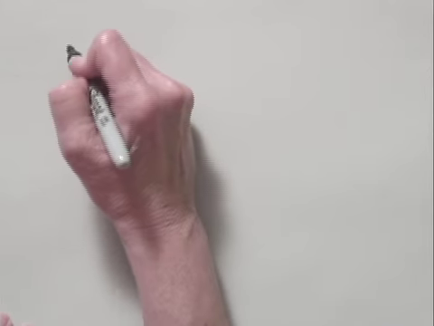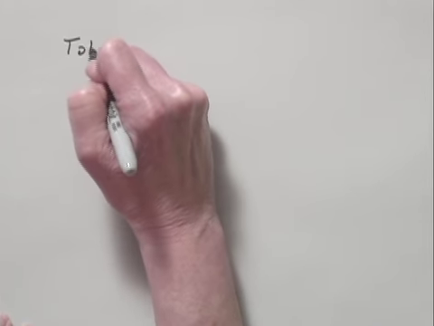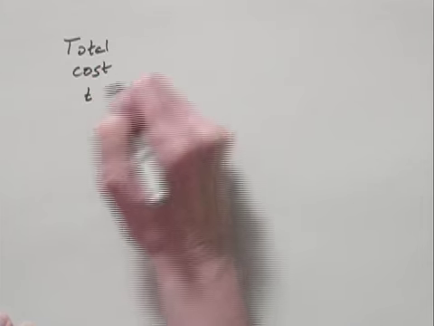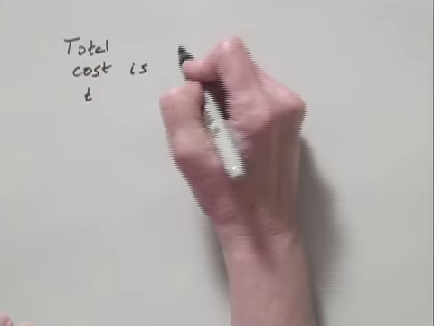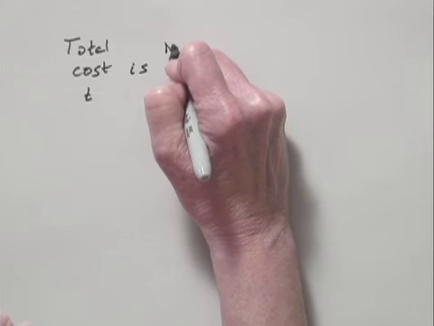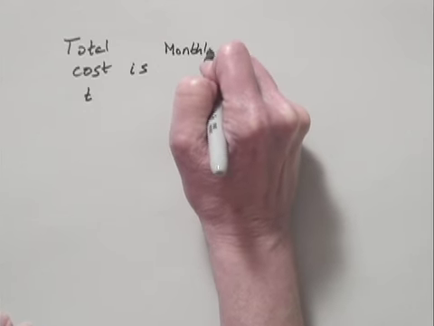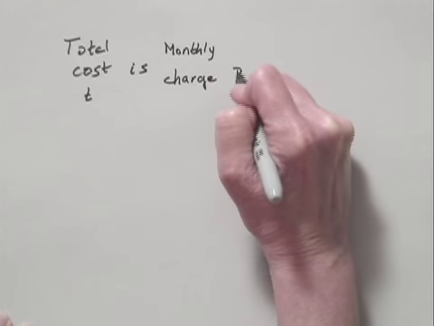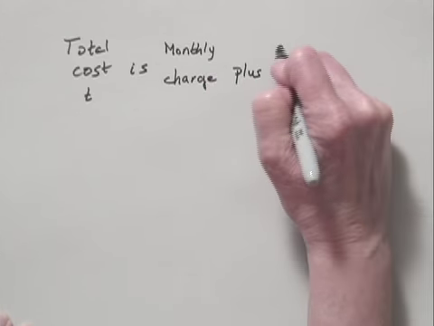And the total cost of the phone bill, let's call it T. Total cost T is the monthly charge plus the charge for the excess minutes.